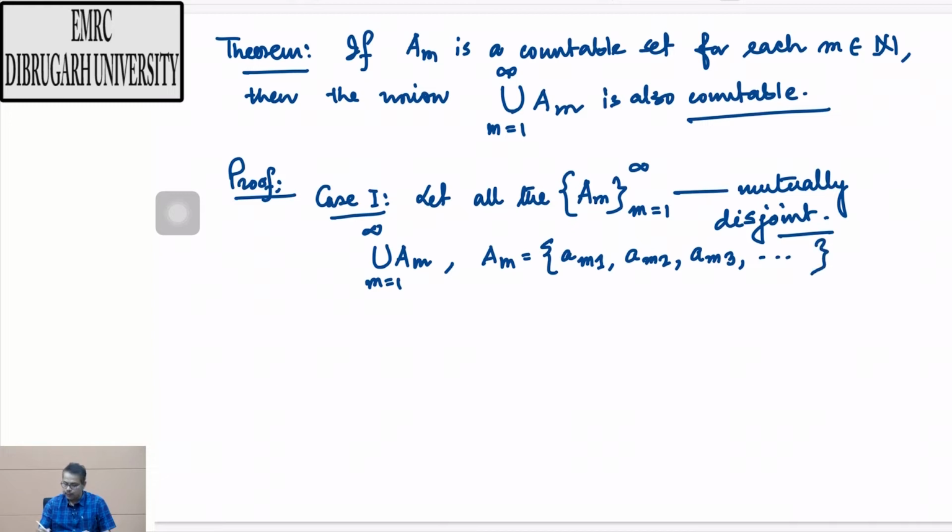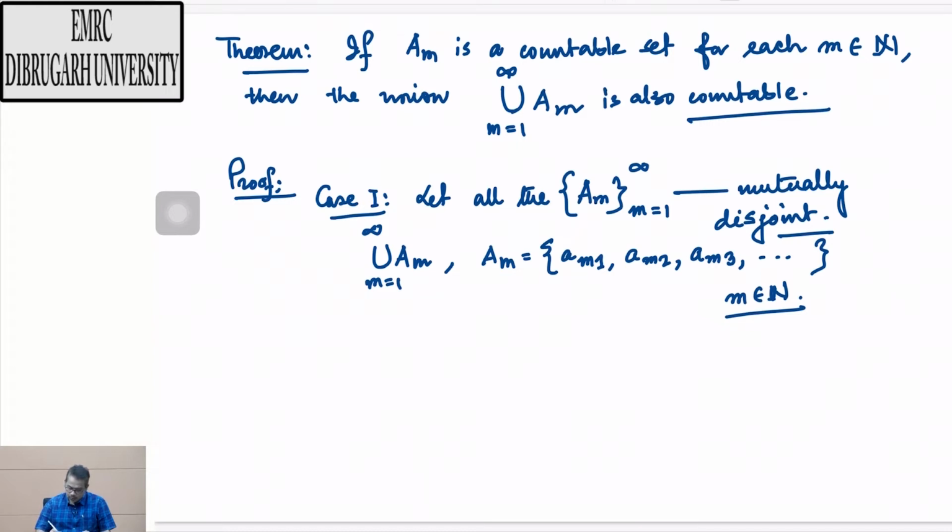This is my A_m for each m in the set of natural numbers. Because each A_m is a countable set, I can list the elements of A_m in this way.